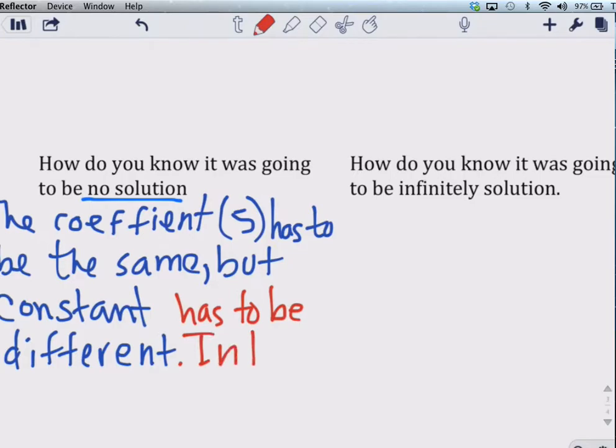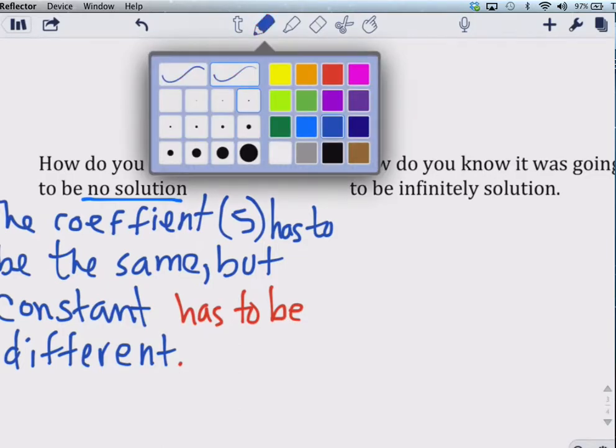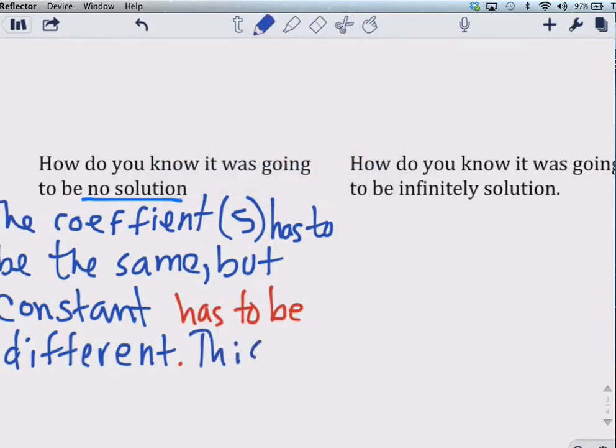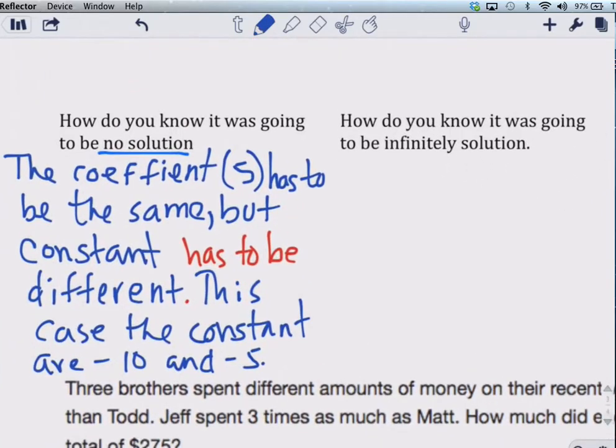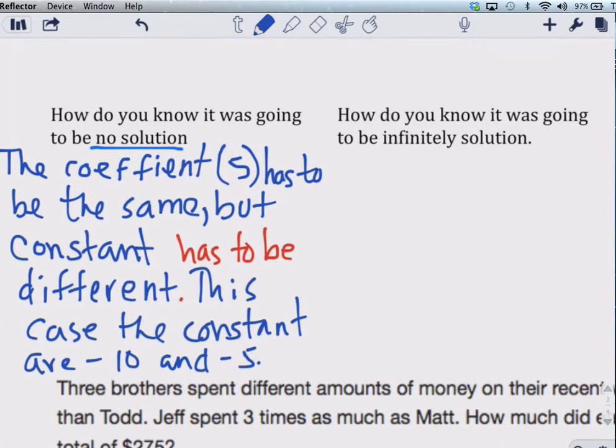In this case, the constants are -10 and -5, making them have no solution.